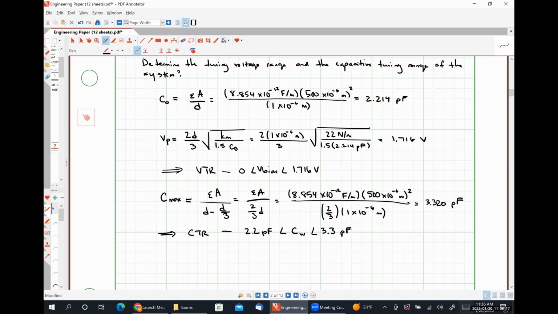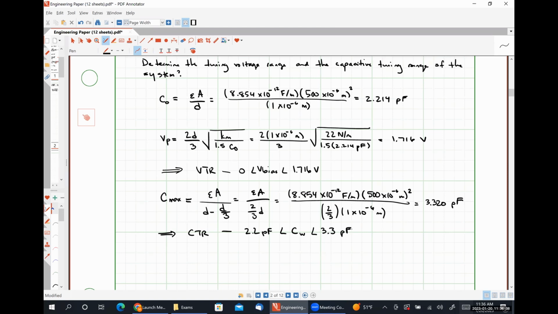So effectively, this device had a theoretical maximum tuning range of 50%. So the maximum capacitance would be 1.5 times the nominal capacitance. It's actually true of any design like this. You can easily mathematically prove it.